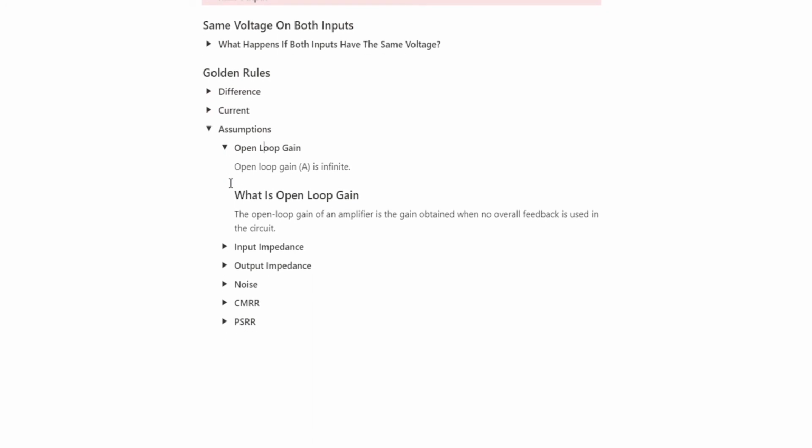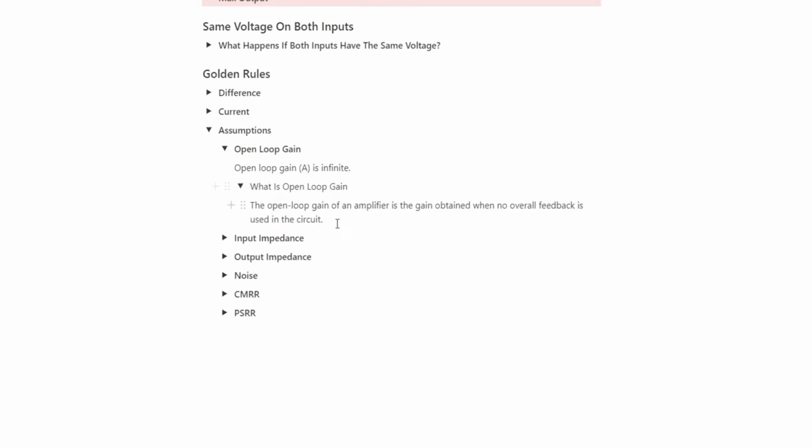But okay, what is open loop gain? The open loop gain of an amplifier is the gain obtained when no overall feedback is used in the circuit. So in terms of the gain of the amplifier, how much is the gain?